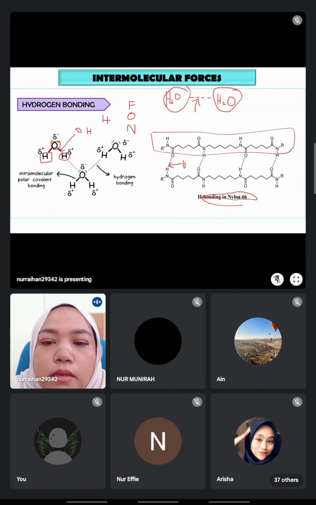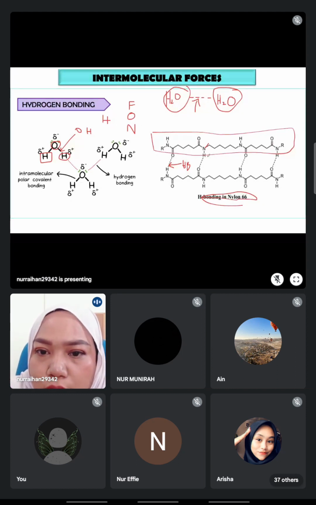Okay, hydrogen bonding. So sama juga dengan nitrogen di sini, NH kat sini. This one is linked by the covalent bonding because nitrogen and hydrogen are different atoms. This one is linked by the covalent bonding, but this hydrogen and the next oxygen will be linked by the hydrogen bonding. So you jangan tersalah.